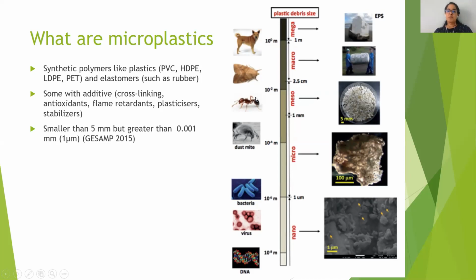And we've just got a comparison to ants. And then we've got your micro sizes, which is a comparison to dust mites. And then we've got nano sizes, which is your bacteria, your viruses, your DNA. So we get really, really small particles.